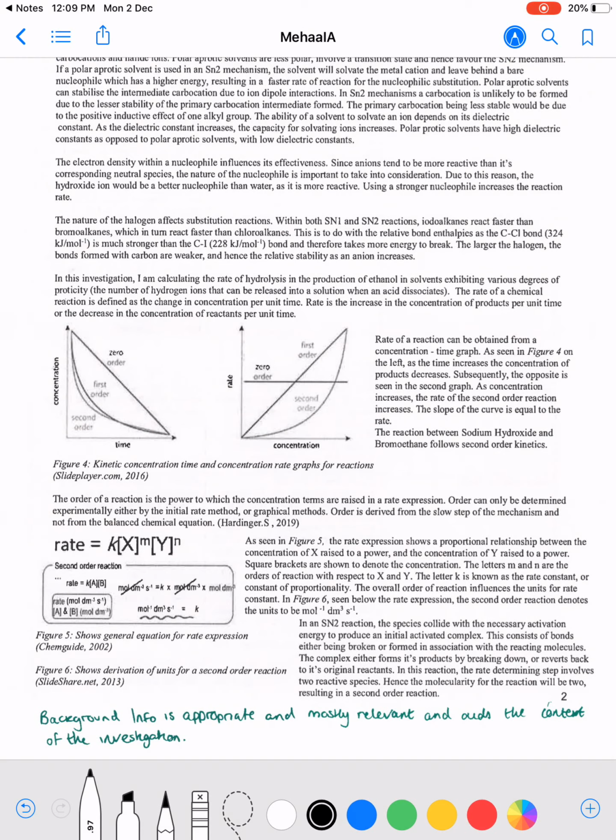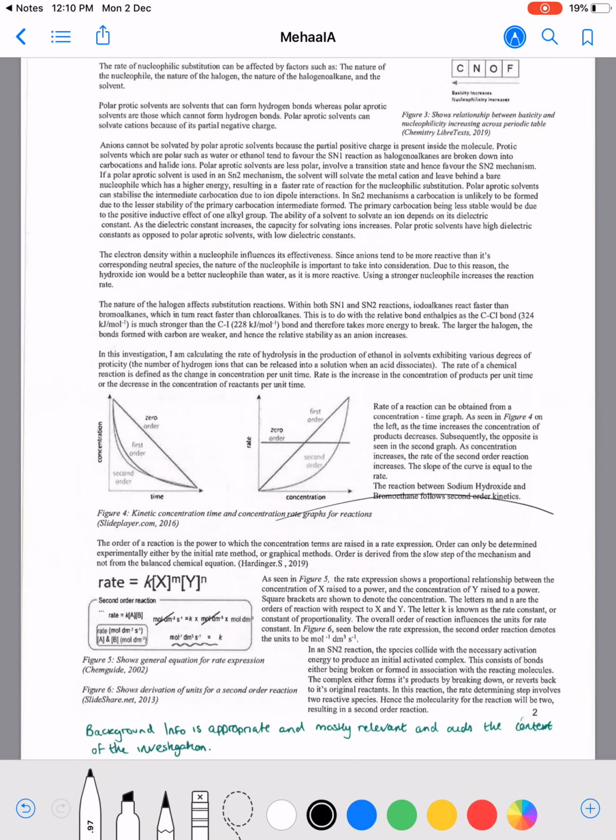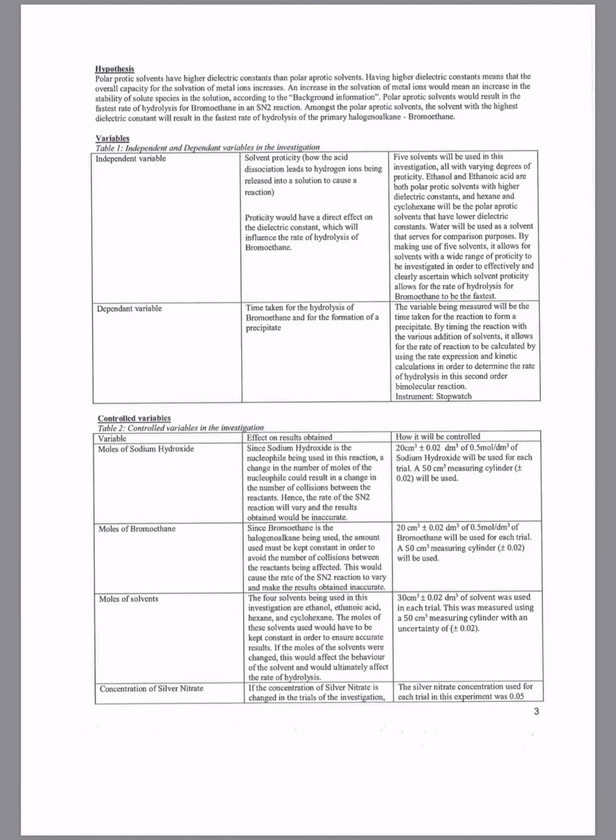So the background is appropriate and mostly relevant and adds to the context of the investigation. So all of this is relevant to the research question. They've used ChemGuide and SlideShare, which is all standard stuff, but they're obviously clearly interested in what they are doing and how they are going to achieve it.